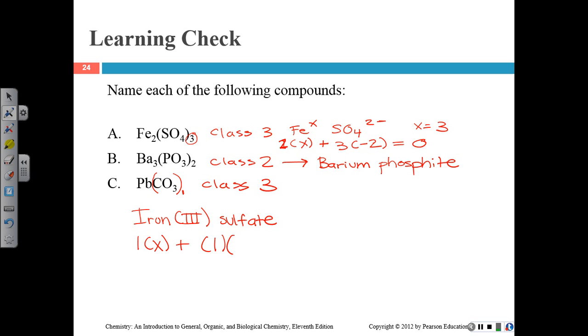It's carbonate, and it has a charge of, very good. So X must equal what? 2. So we're going to have lead 2 carbonate.